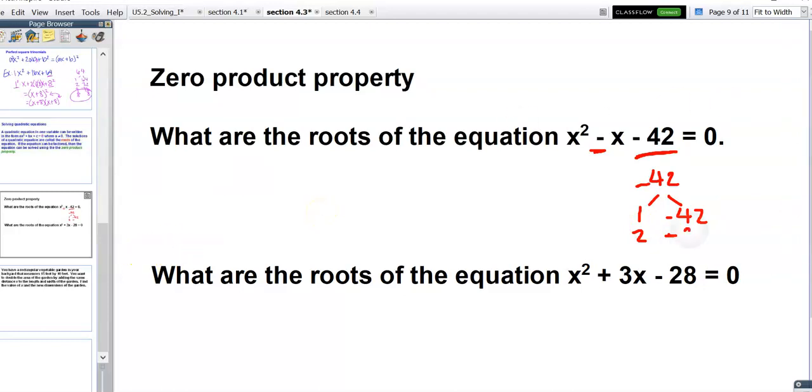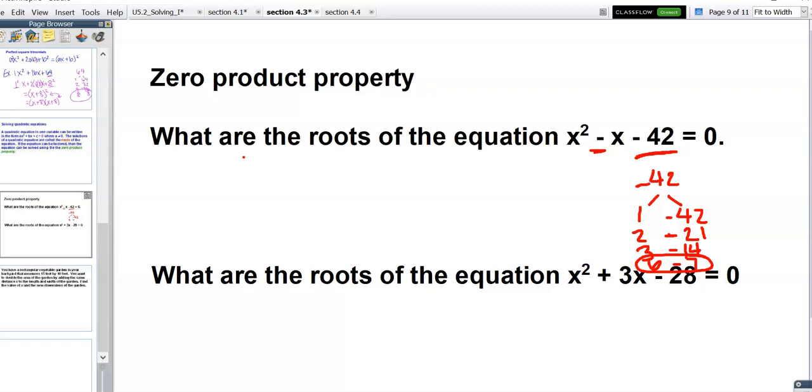Two and negative 21. 3 and negative 14. And then 6 and negative 7. So for us, the pair that will add to give us negative 1 is 6 and negative 7.